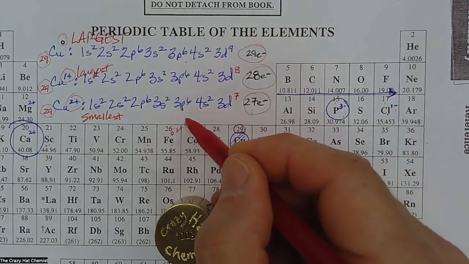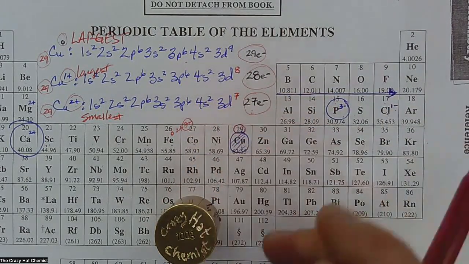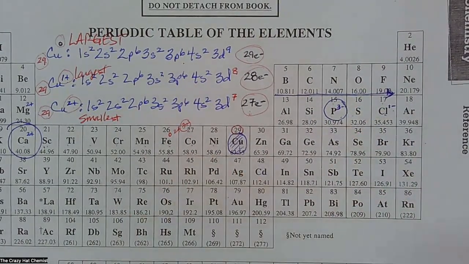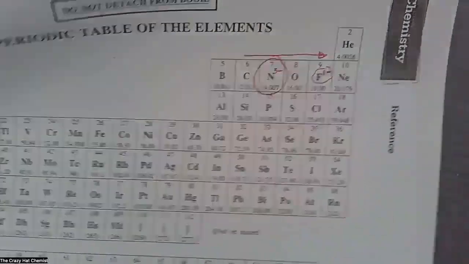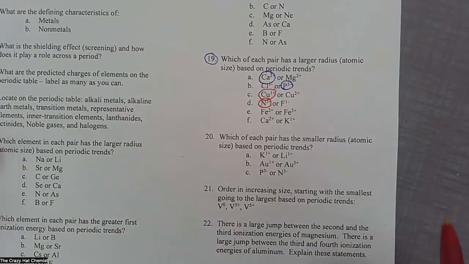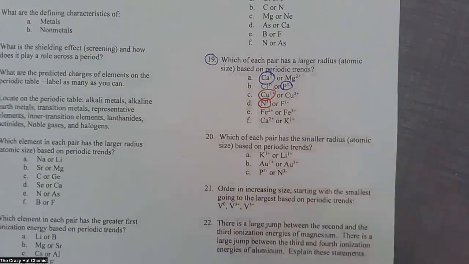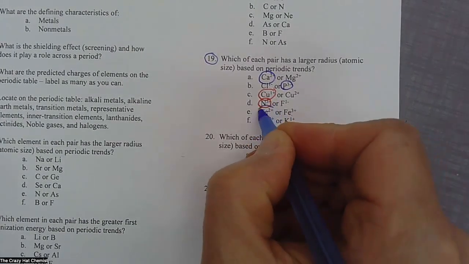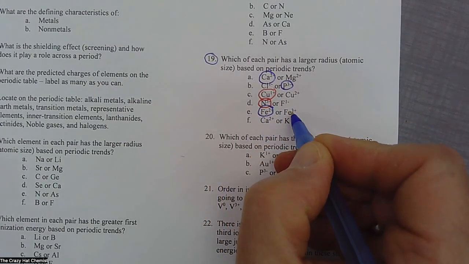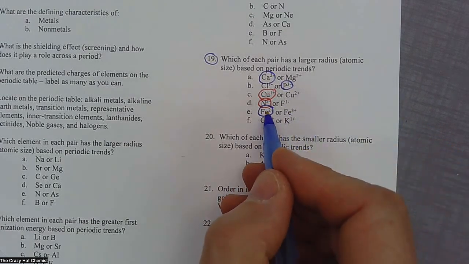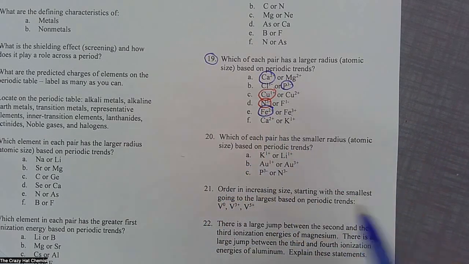And so the larger cationic charge is the smallest. So the smallest one is the largest cationic charge. That's the 3 plus. The larger one is the smaller cationic charge. That's the 2 plus. So there we go.